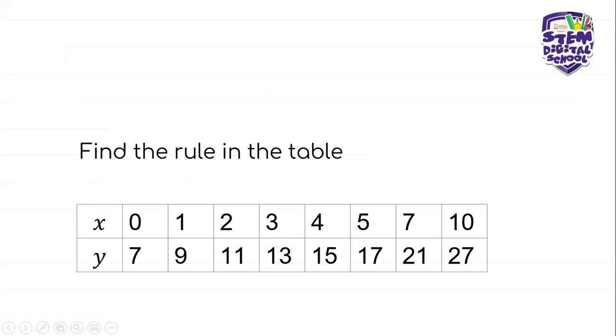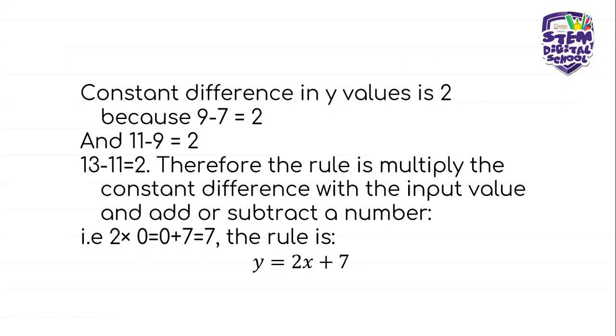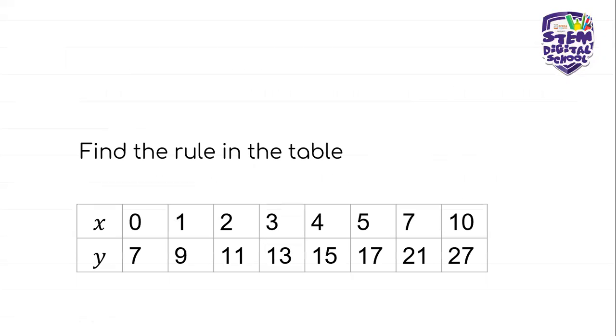And then the third one, of course, we are now going to look at the table here, which is a bit different from the previous two, in a sense that our constant difference is definitely going to be different. It will be distinct. You will see that in the first category there, you are given the X values and then the Y values.